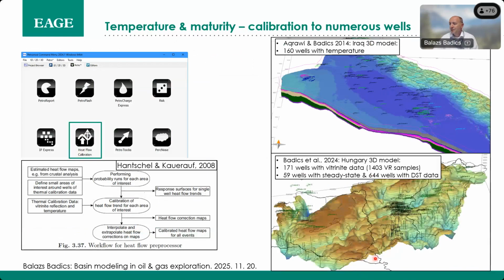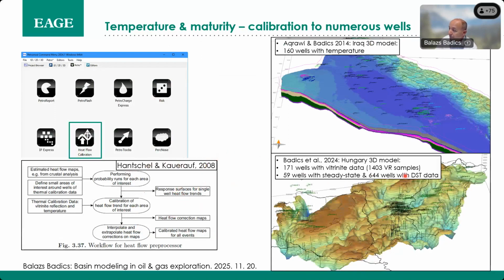So just one thing, when you are working with very, very large models, a nice tool to calibrate your heat flow has been developed by Petroleum people and people from, I think, Aarhus University back about 2008, 2010, which is called heat flow calibration. And you find a lot more in the very famous Basin modeling book by Thomas Hanschel and Armin. But actually, I recommend this, because it is really time-saving.